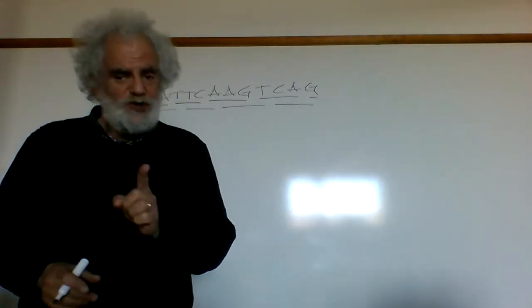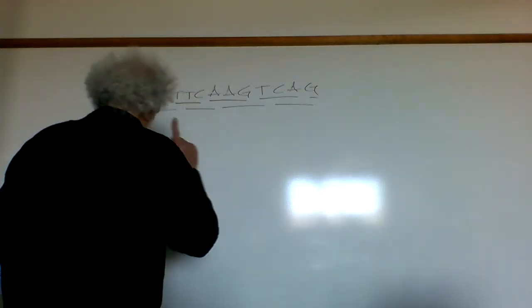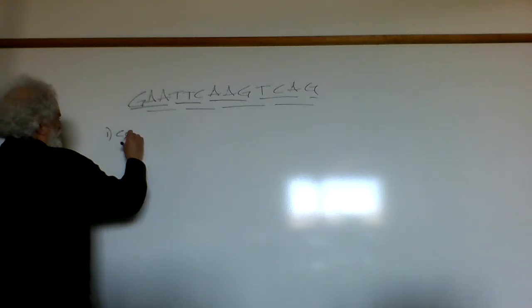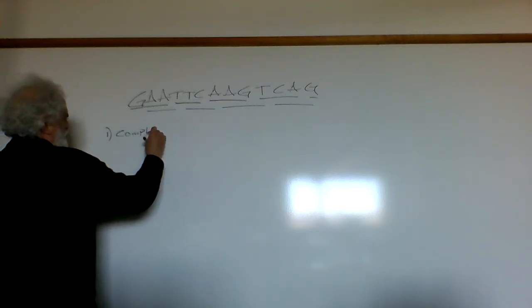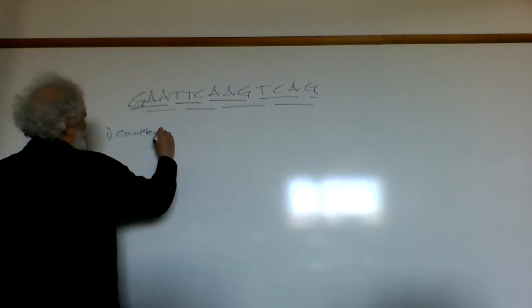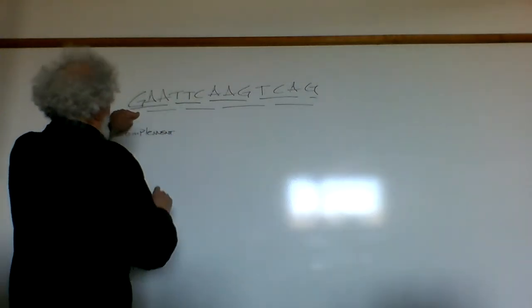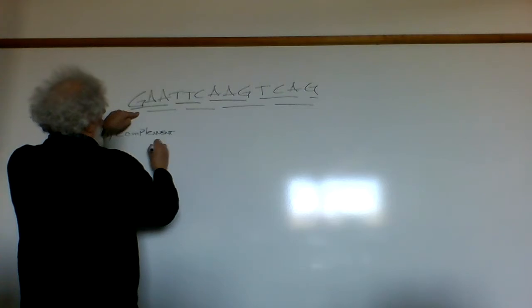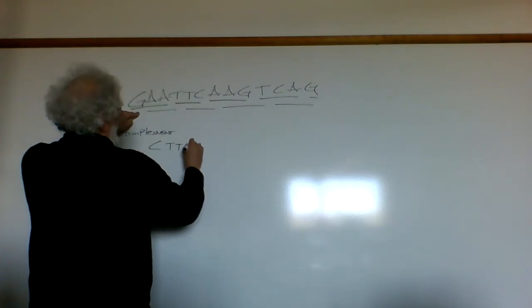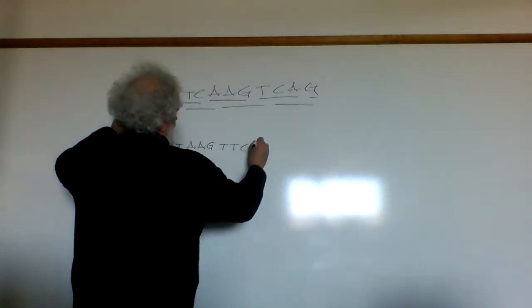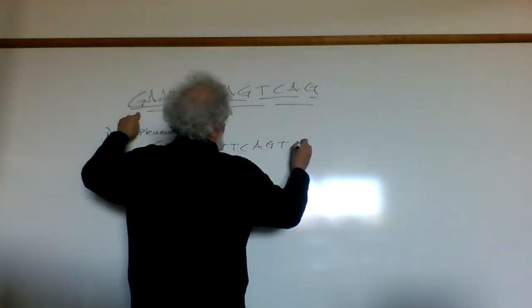To get the reverse reading frames, you do the following 2 steps. First, you complement the sequence. So that would result in the following: CTT, AAG, TTC, AGTC.